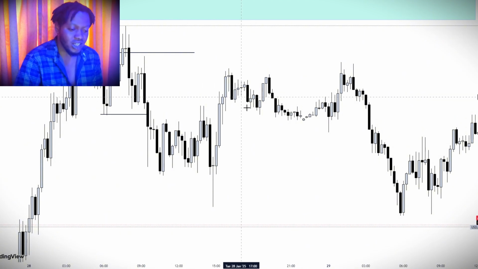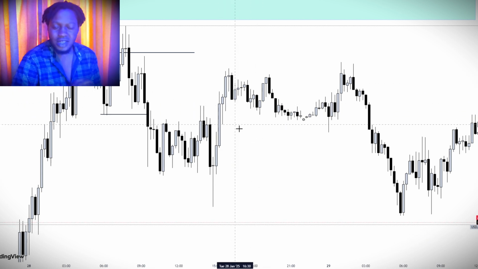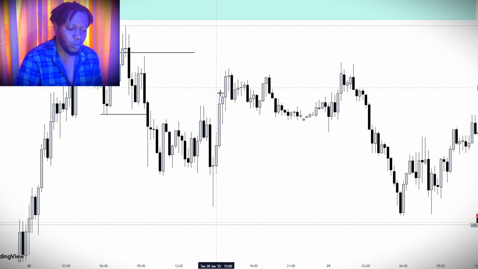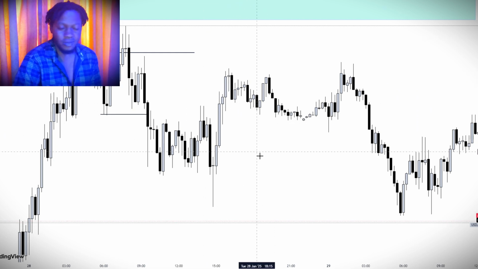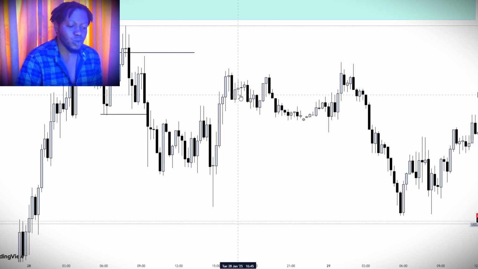And if you see this type of candlestick at the low of any price, at any demand zone, should I say demand zone? Yeah, I think so. At any low, just know that price is going to go up. Price is going to turn bullish. All right, so this is a good confirmation.